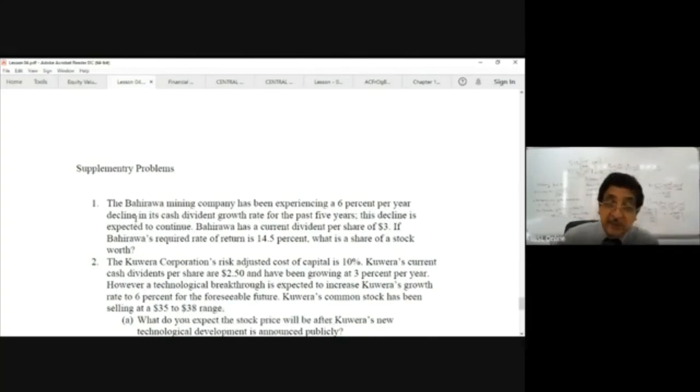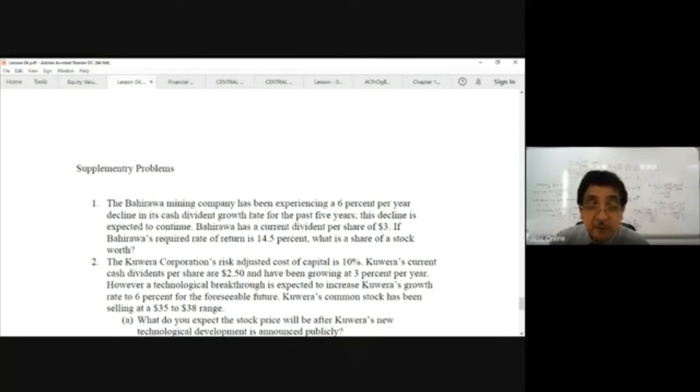Now it says a decline. So therefore, you can put down g is equal to minus 0.06. 6% is 0.06. So you need to register it as g equals minus 0.06.